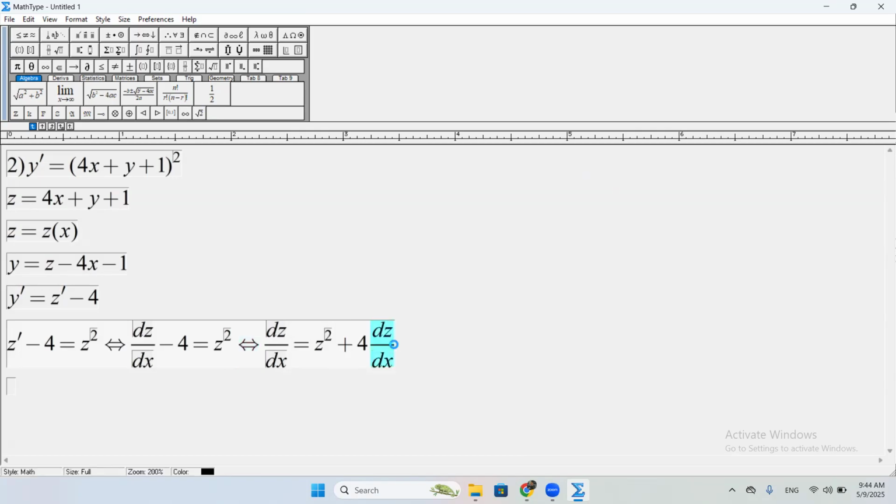Then dz over z squared plus 4 will be equal to dx. So that's what we received. So now let's integrate both parts.